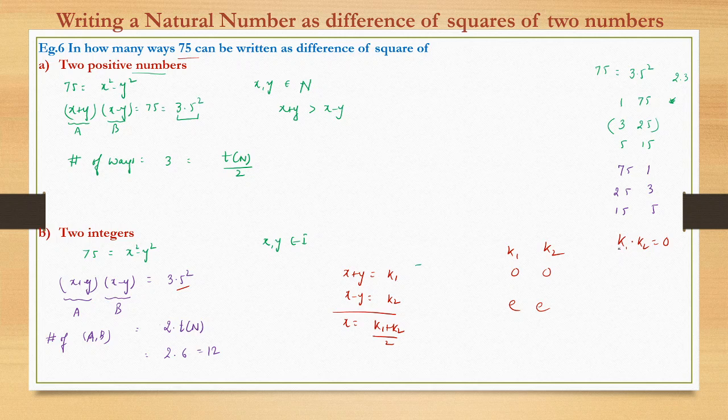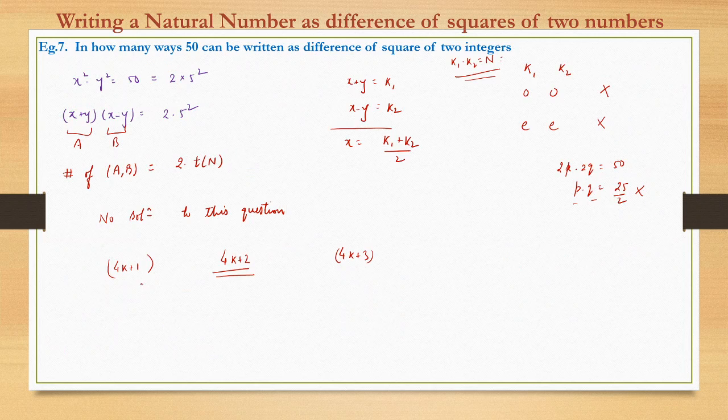Even into even is not a possible case, because a product of evens will not give odd, but odd into odd may give odd. So this case is feasible, and because of this case we will get the solutions here, right? All the cases are odd into odd only, right?